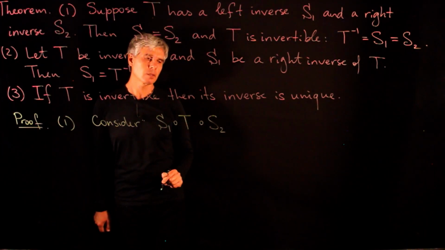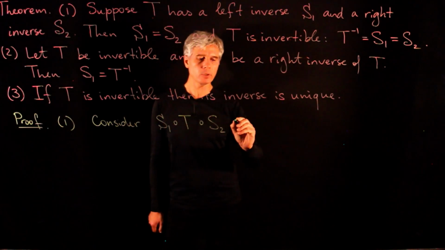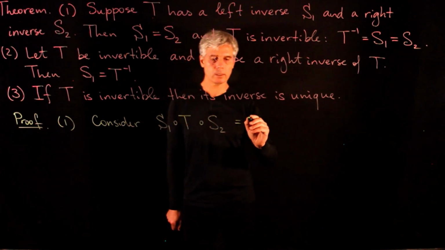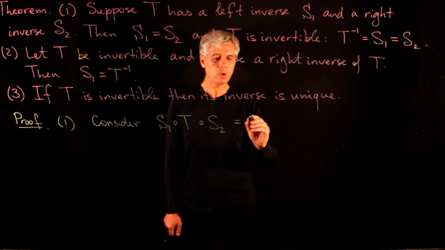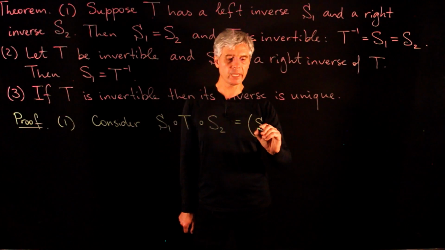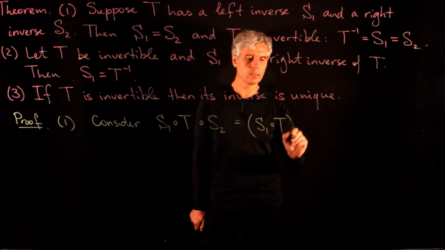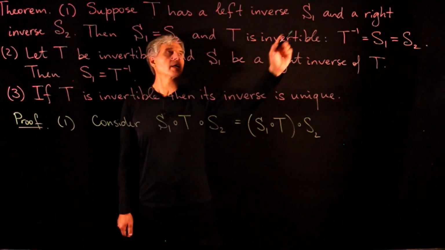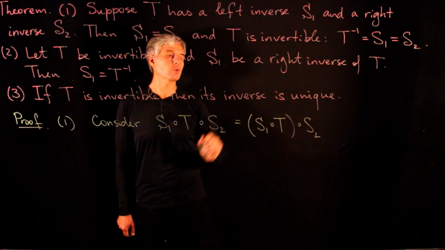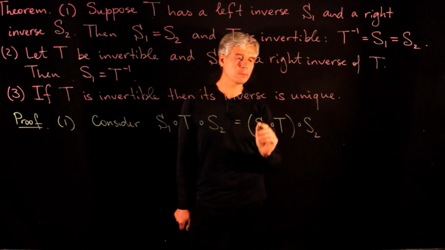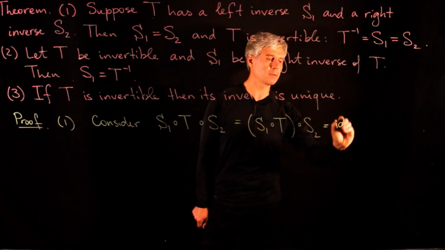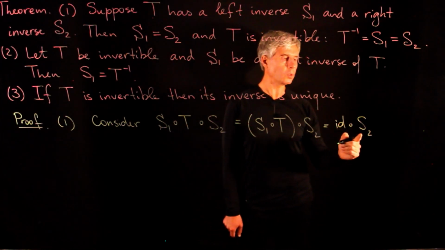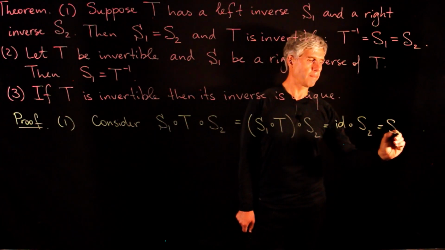Then this product can be calculated in two different ways. We can use the associative law and say that this is equal to (S1 composed with T) composed with S2. Here S1 is the left inverse of T, so S1 composed with T is equal to identity. And then identity composed with S2 gives S2.